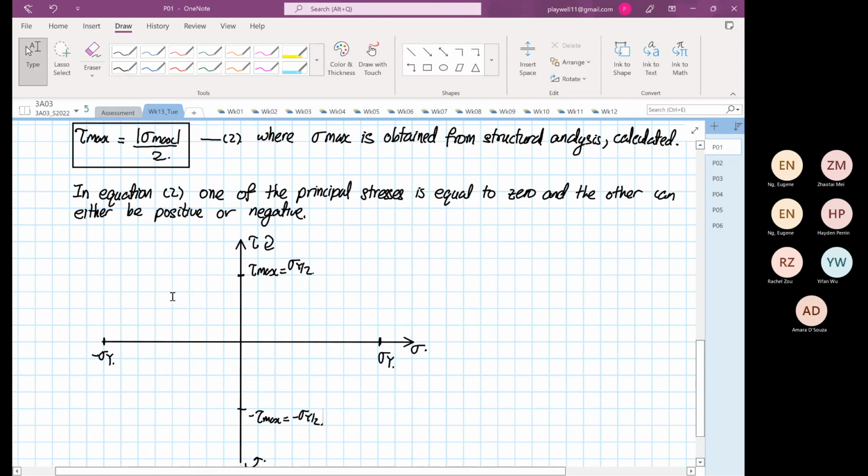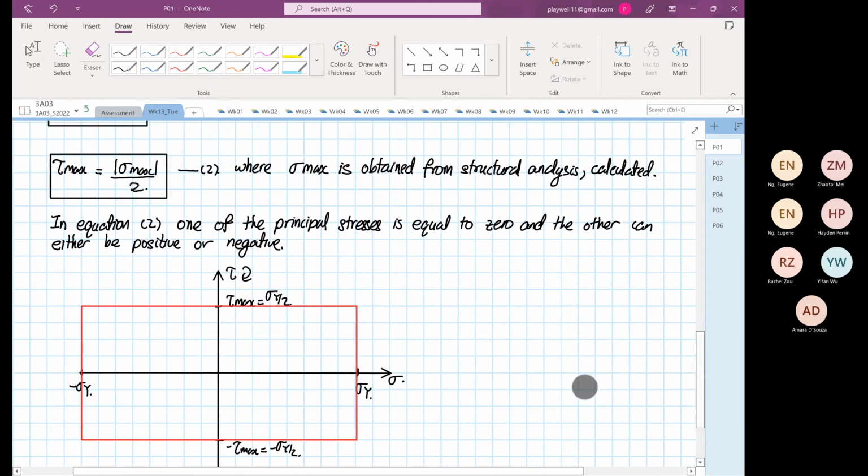We have done this before when we did the 3D Mohr's circle. We draw our operating bracket. All this sigma Y is our equation number 1.